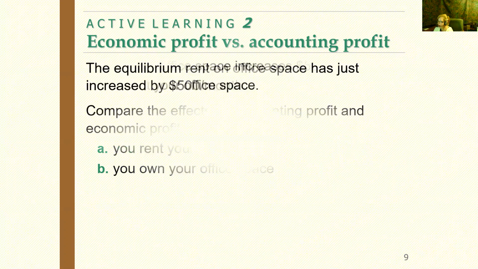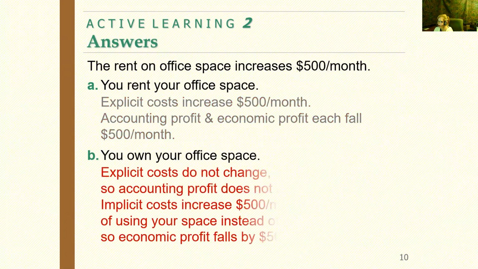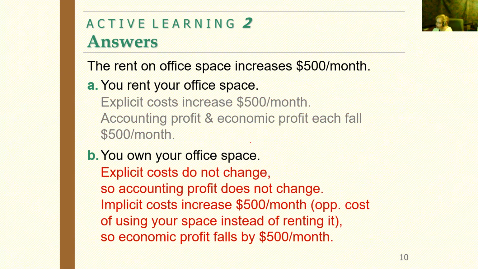I think it makes it clear in the next slide. Okay, explicit costs don't change, but your opportunity costs of owning it, so your economic cost falls by $500 a month. And essentially, the explicit costs don't change, but notice the implicit costs here do change because you could rent it out.